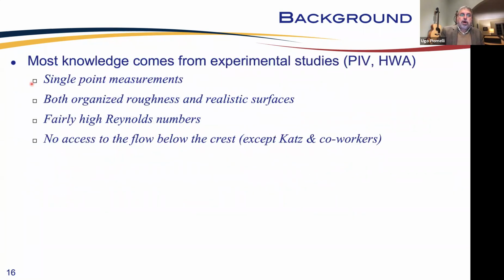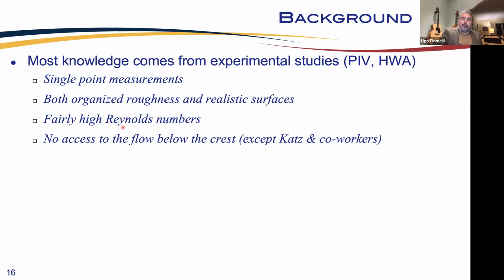Now, most knowledge historically comes from experimental studies, PIV and hot wire anemometer mostly. The hot wire anemometers in particular are single point measurements. The PIV are not. The experiments have been carried out both with organized roughness, organized roughness being things like cubes or square cylinders or meshes, and with realistic surfaces such as sand grain or the turbine-like surfaces that I've shown before.